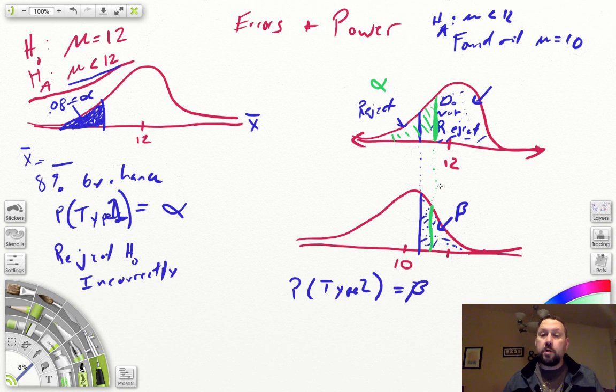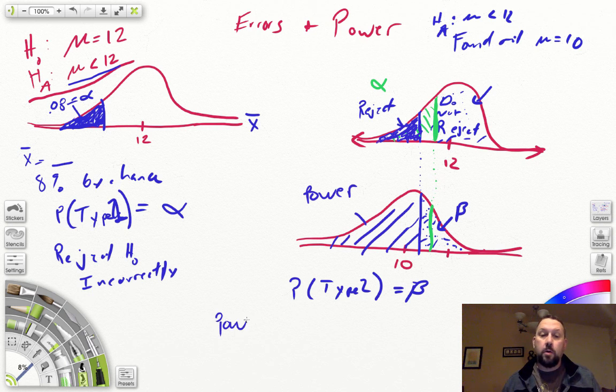All right. The other thing I want to explain here, and I'll go back to blue, pretend we're in the blue again. So this zone over here is what is called power. That is, it corresponds with this blue area up here, which is alpha, the likelihood of rejecting the null if we assume that 12 is true. Knowing that 10 is true, down here, power is the likelihood of correctly rejecting the null.